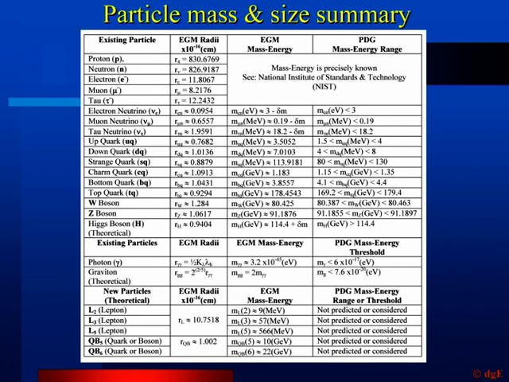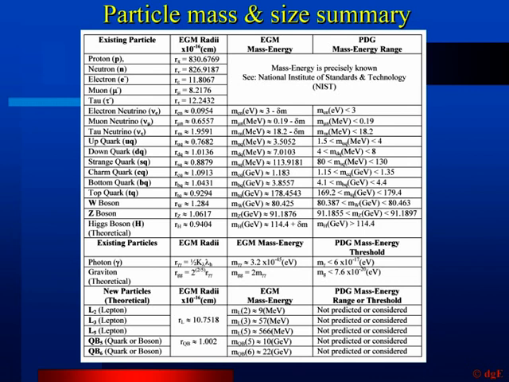In the particle mass and size summary table illustrated, the EGM mass energy prediction for each particle agrees with the particle data group mass energy range. The 5 new particles predicted are not considered by the particle data group as they are not formulated via the standard model of particle physics.